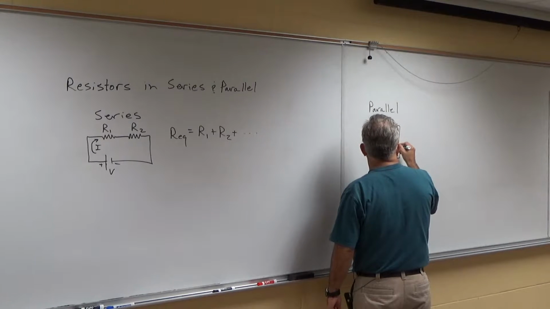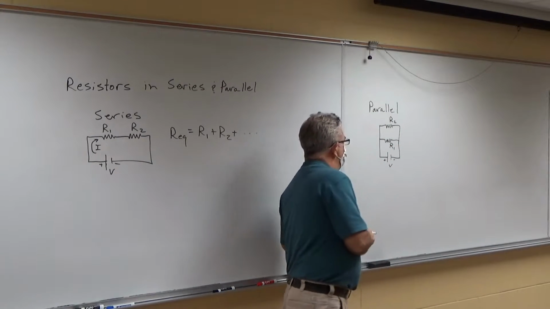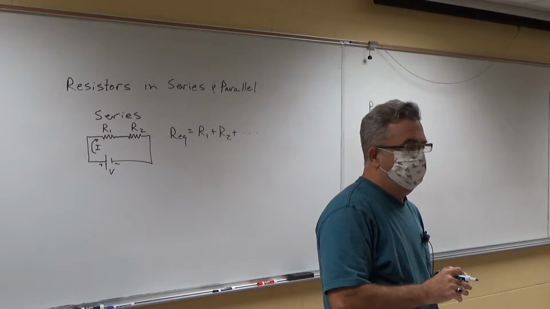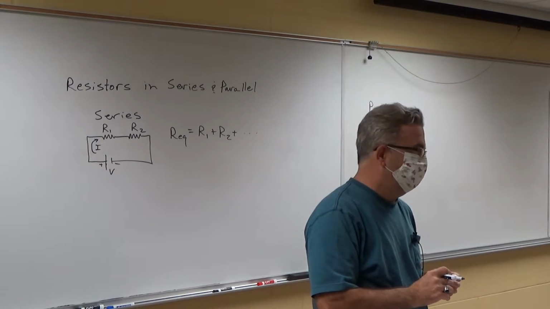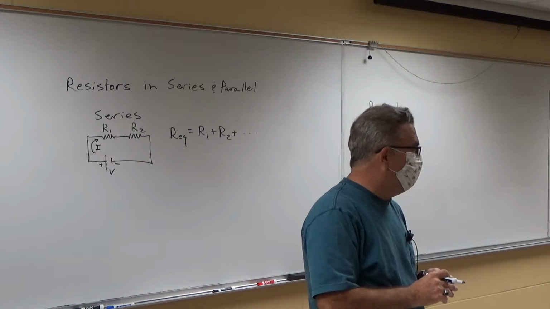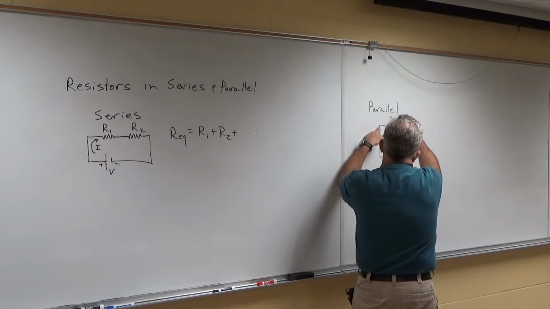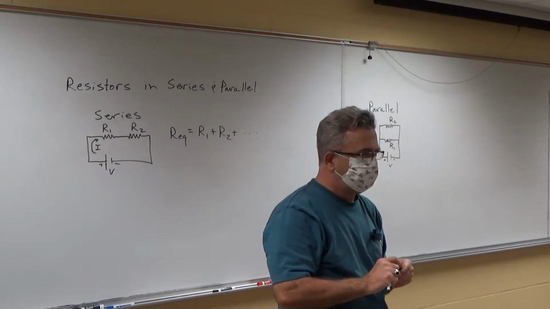All right, so here's R1, here's R2. Resistors in parallel have equal what? Voltage, yes. They're connected across the same voltage. If you put the meter here or here, that's the same connection. They have the same voltage.